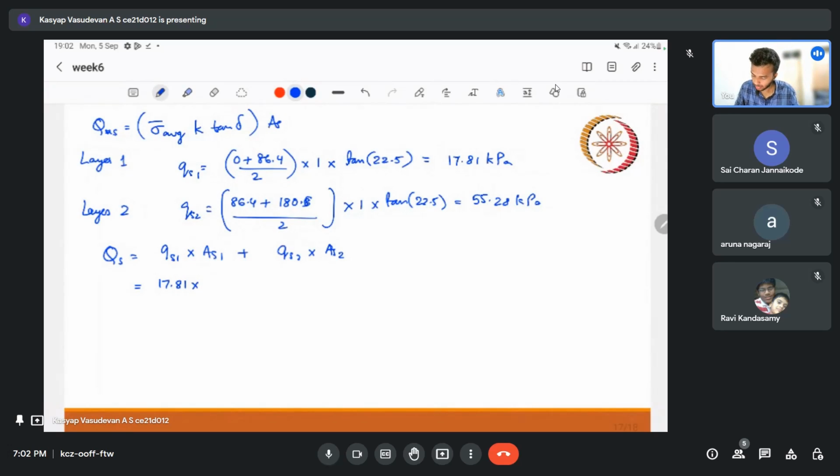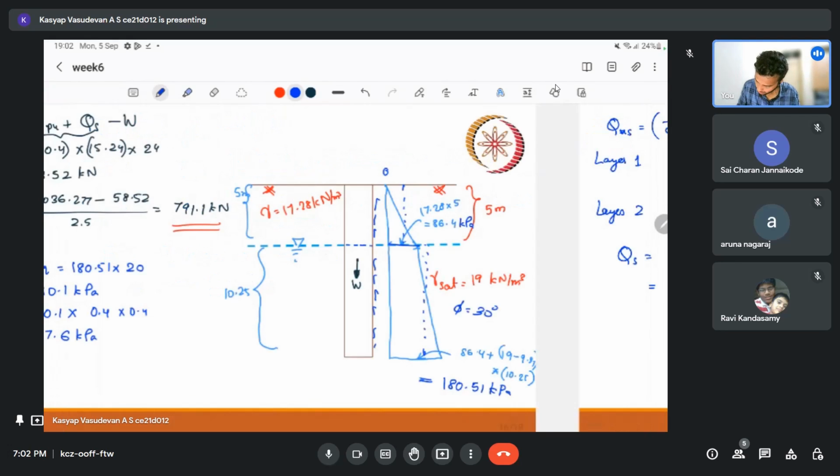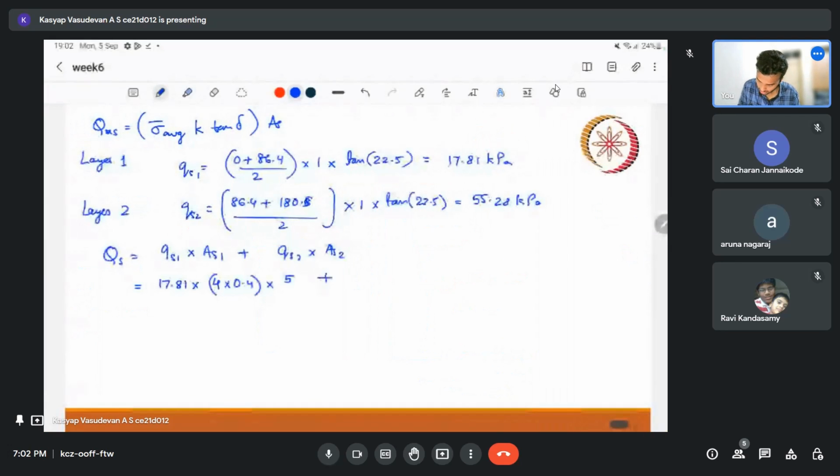So the perimeter is 4 into 0.4, and the length is 5 meter for layer 1, so that is 5, plus 55.28 into perimeter again, 0.4 into 4, into length, which is 10.24.